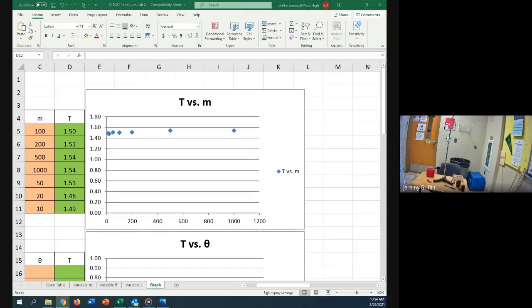Right. Let's take it all the way up to 90, which would be like horizontal, start horizontal. See what happens. Ready?